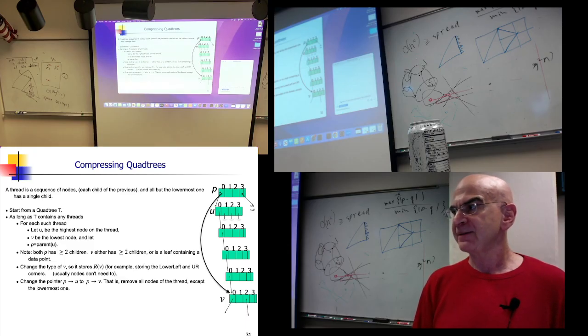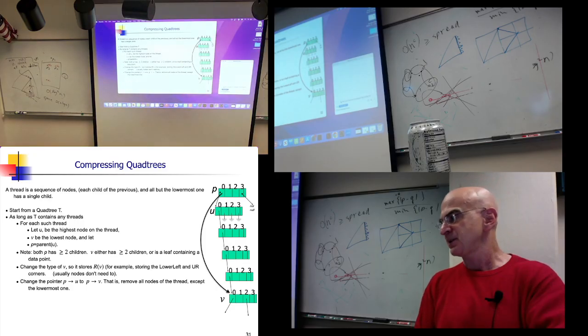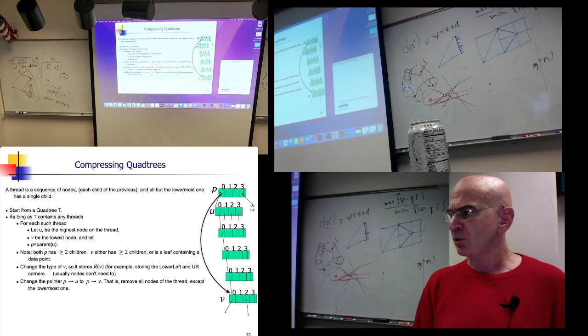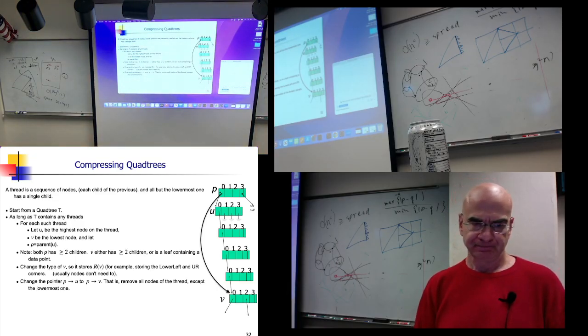And the number of internal nodes, well, since now I get rid of every internal node with a single child, I'm left with internal nodes that have 2 or more children. So the number of internal nodes is not more than the number of leaves, that is not more than the number of data points. Long sentence.